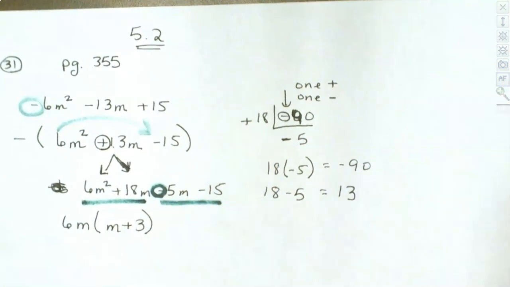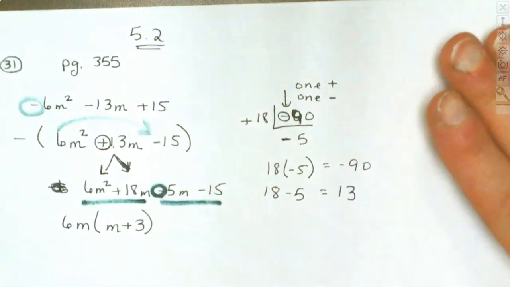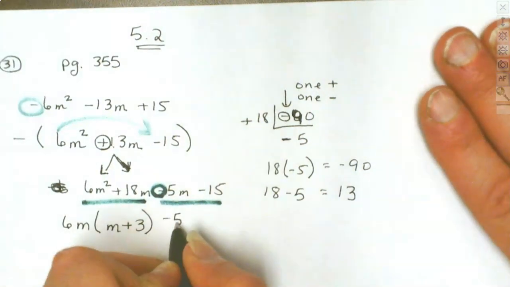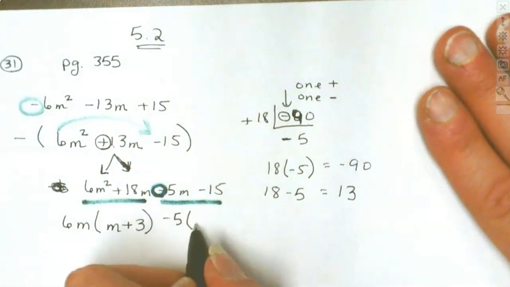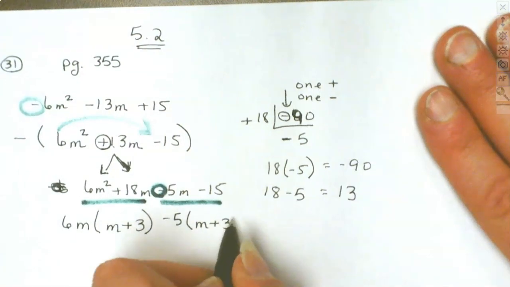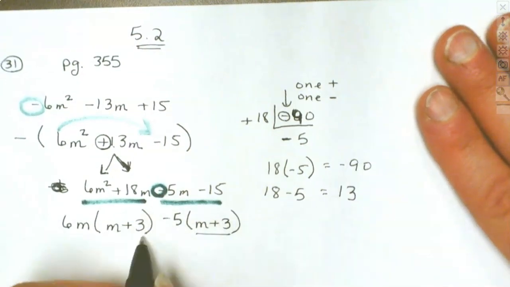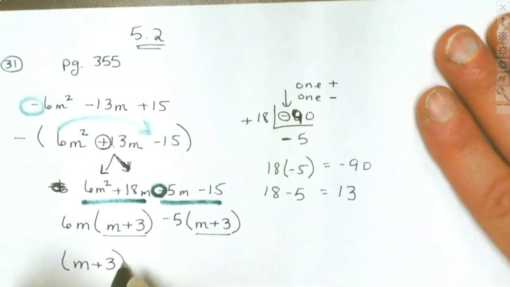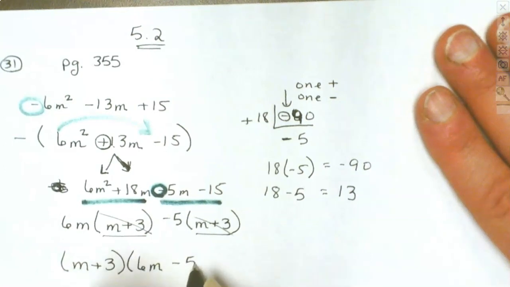Any idea what we would factor out of the next two pieces? Negative 5. That switches your signs, and that leaves you with an m plus 3. Are my groupings the same? Yes, they are. So m plus 3 comes out. What's left over? 6m minus 5.